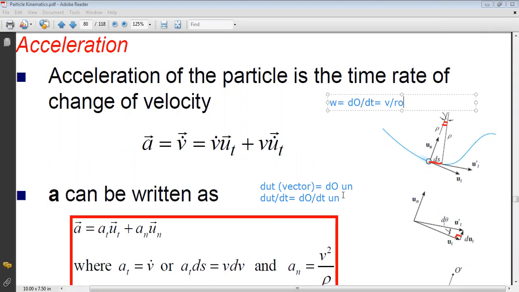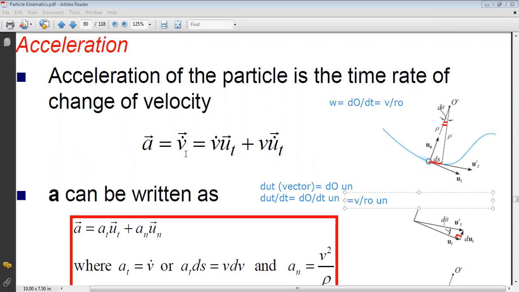So we can replace d theta by dt by v over rho, and then the expression of d ut by dt is simply v over rho times un.